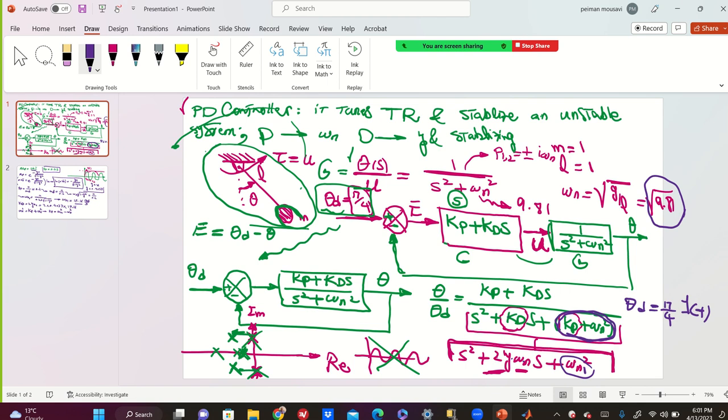Yes? How about I transfer pi over 4 to the numerator here, pi over 4. Can I do that? And here only is a step function as we do. Right? Can I do that? Yeah. You can. Yeah, so let's try if it works.